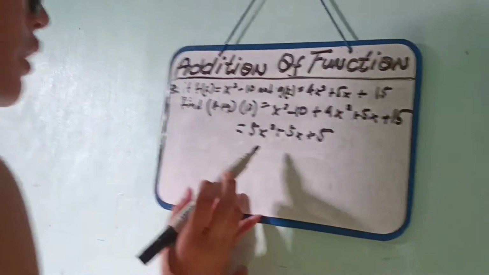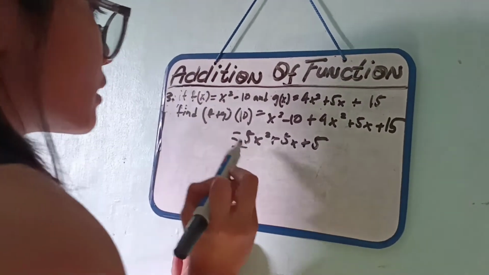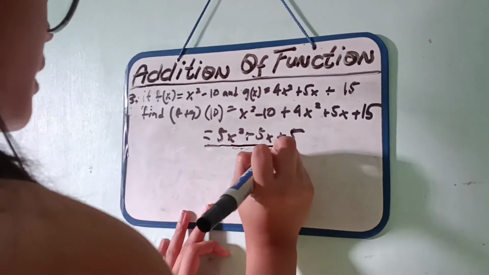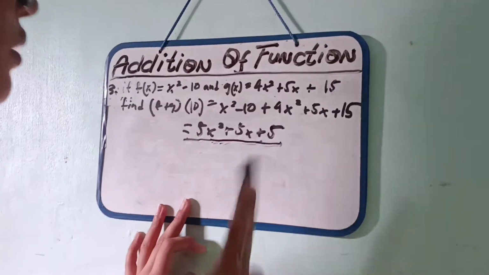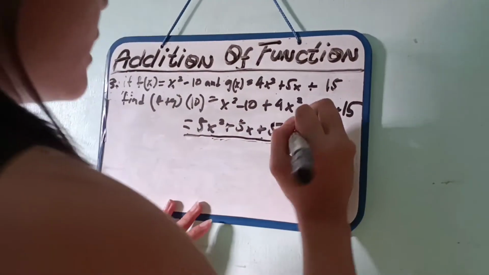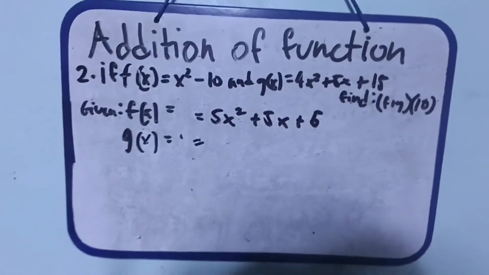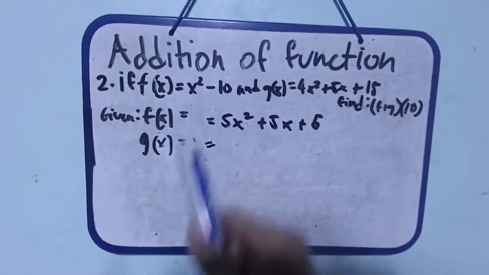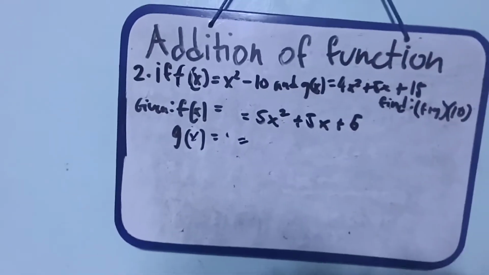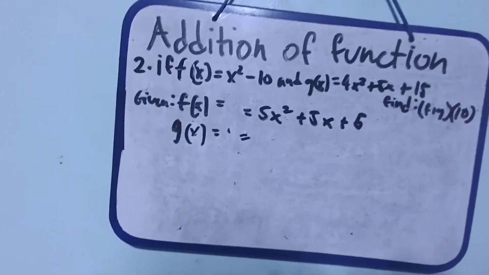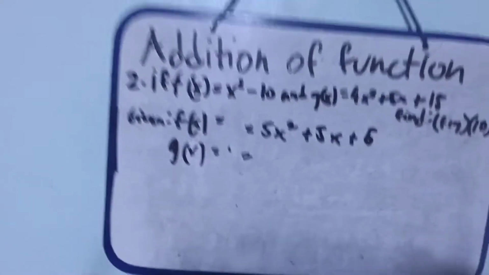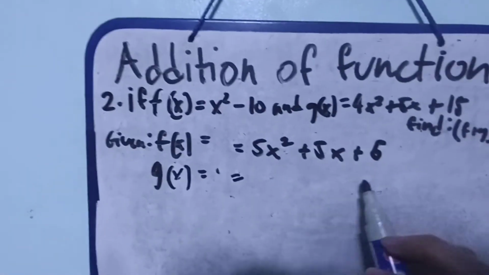There are no other like terms. So, that is the simplest form and it is in standard form. This is the final. So, we got the functions: f of x is equal to x squared minus 10 and g of x is equal to 4x squared plus 5x plus 15. And the final answer is 5x squared plus 5x plus 5.